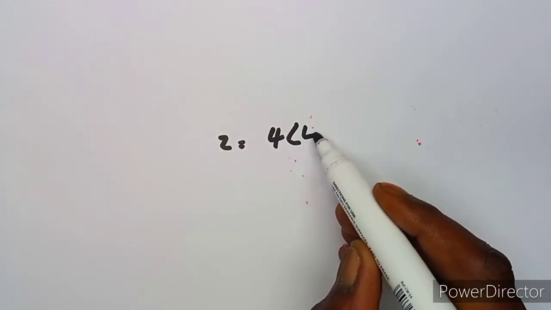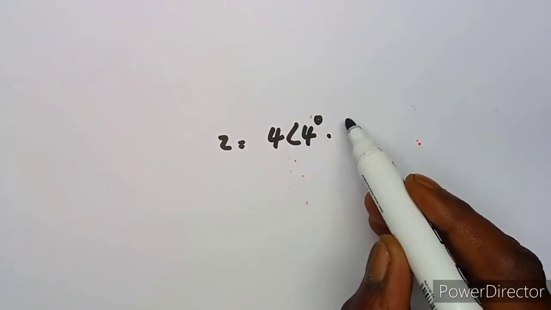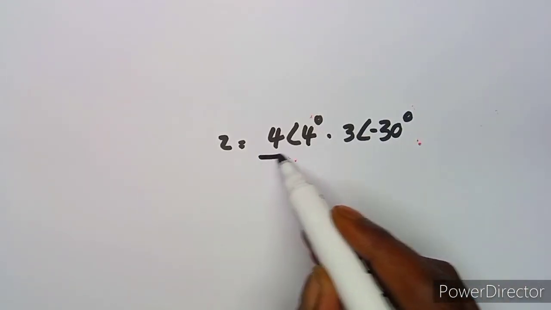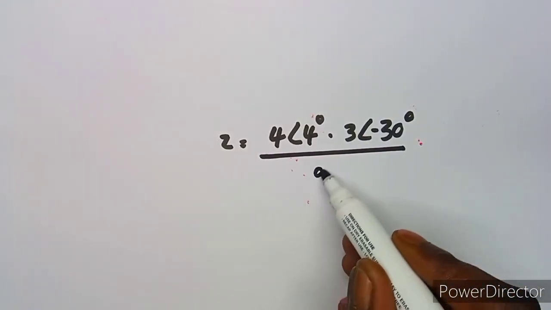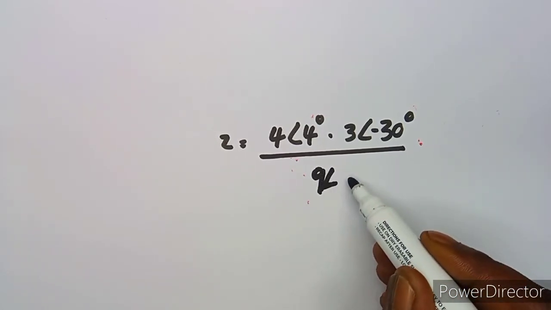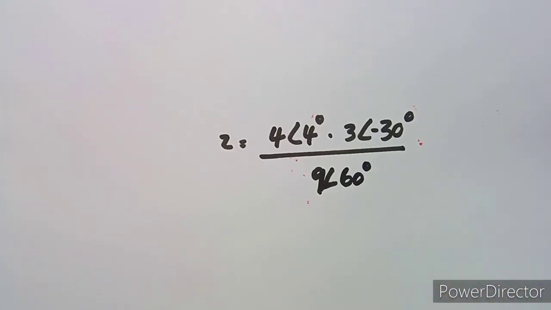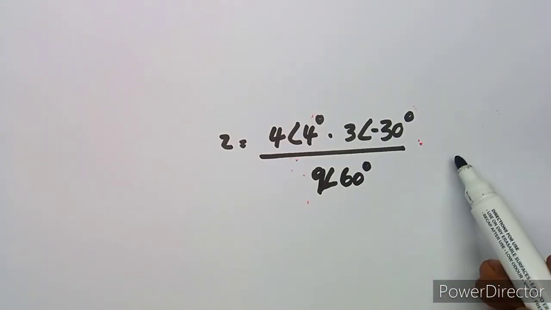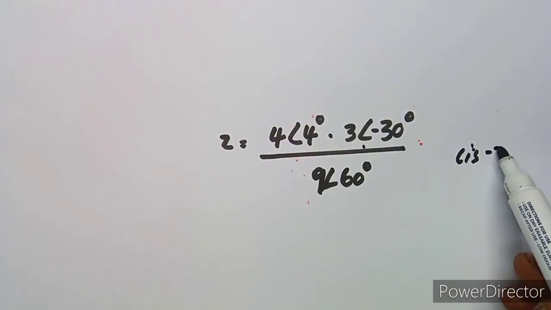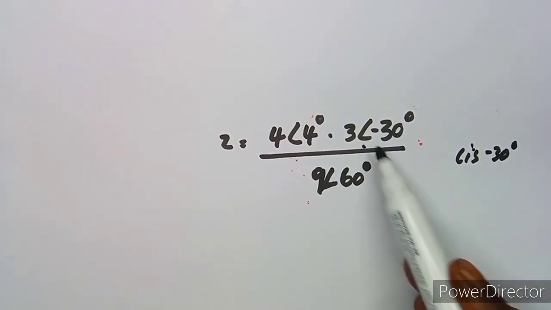Let's just put it this way: this is 4 angle of something, by 3 angle of minus 30 degrees, like this, over 9 angle of 60 degrees, like that. They can even put it as cis, like this. Cis minus 30 degrees is just the same as angle, like that.